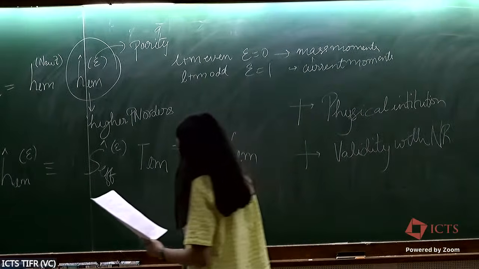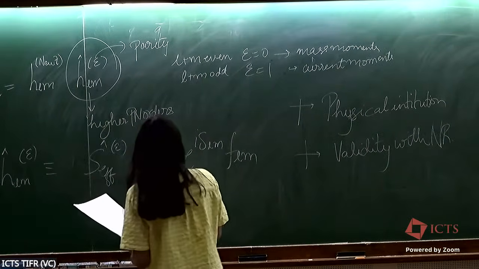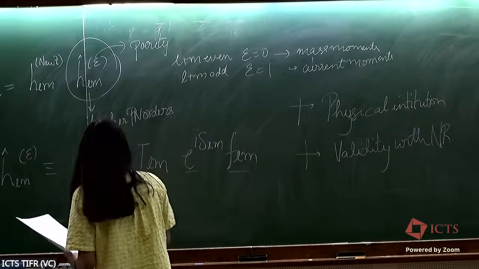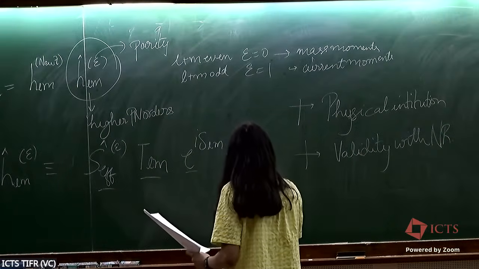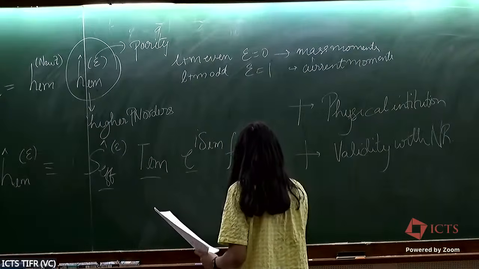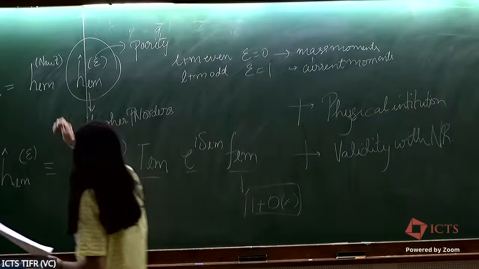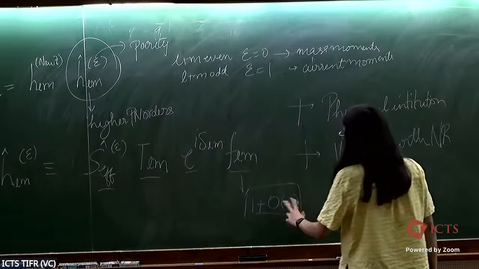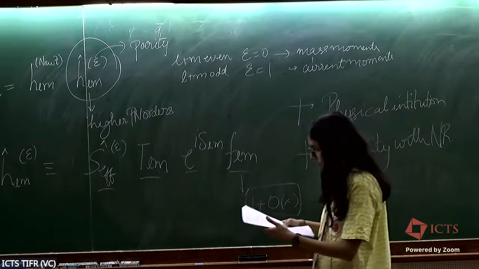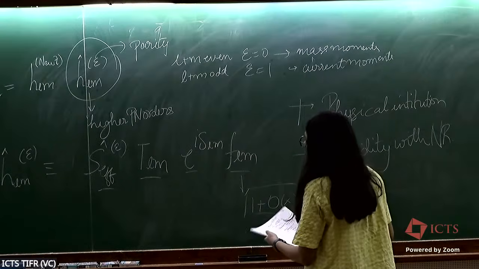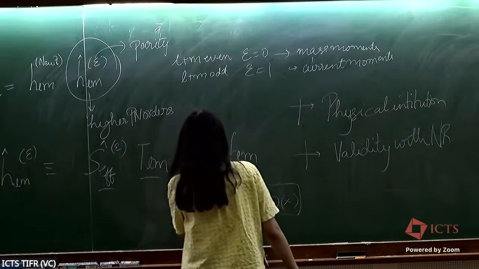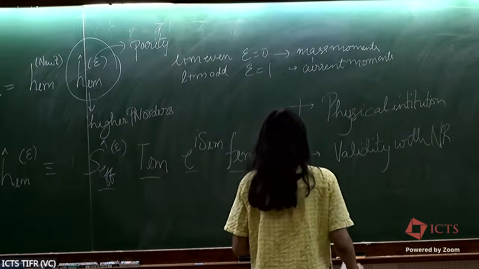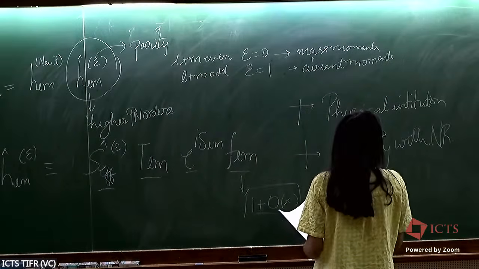The other thing is all these pieces separately should behave like 1 plus some corrections, because we want to recover the Newtonian piece as it is, and all these order x corrections would then be small corrections. Let's see what these pieces mean and why we have this kind of a decomposition one by one.